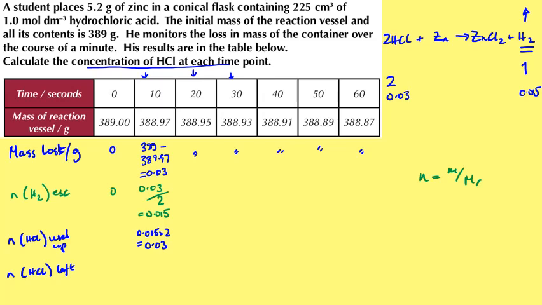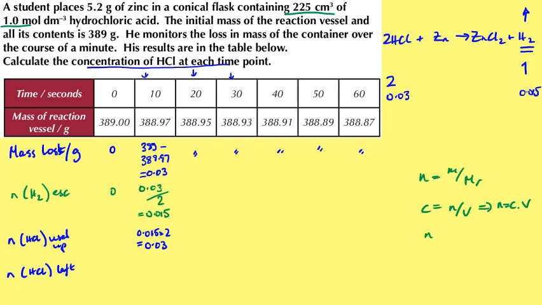And for that we need to look back at the question and remember that we've got 225 cm cubed of 1 mole per dm cubed hydrochloric acid. So we're going to use concentration equals moles over volume, and we're going to rearrange that to moles equals concentration times volume.